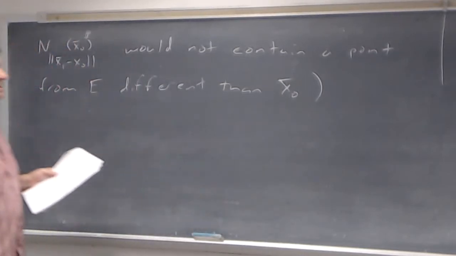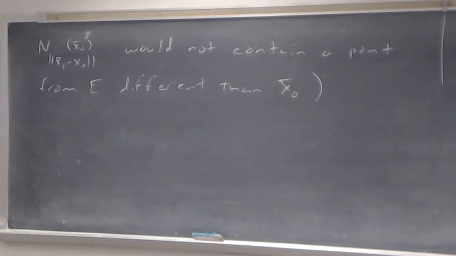And that'd be a problem because x sub naught is supposed to be a limit point of E. So if that's the neighborhood of x sub naught, it's not going to contain x sub 1, so it's got to contain something else from E. So that's why that x sub 2 has to exist.